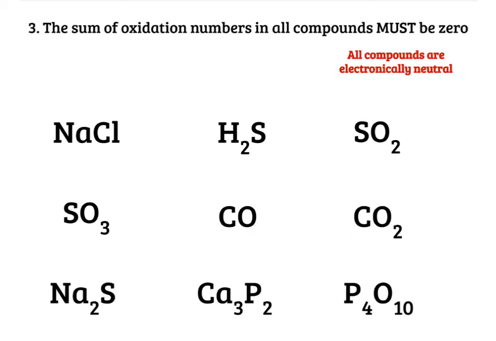Dig out your reference table, open the periodic table and have it next to you. Let's assign oxidation states of the compound sodium chloride. Sodium is the element from the group number 1, so its oxidation state, oxidation number, is predictable +1.